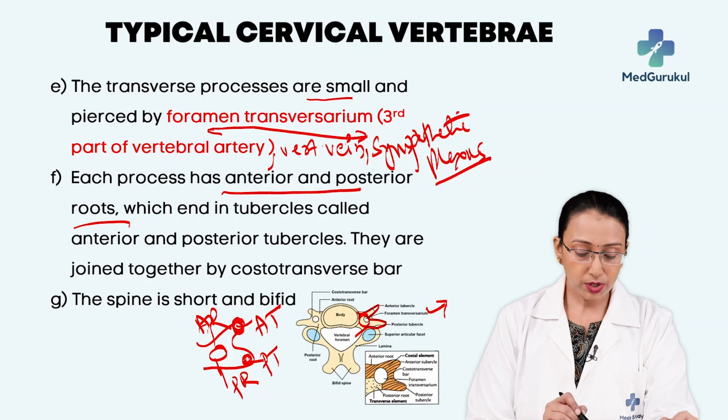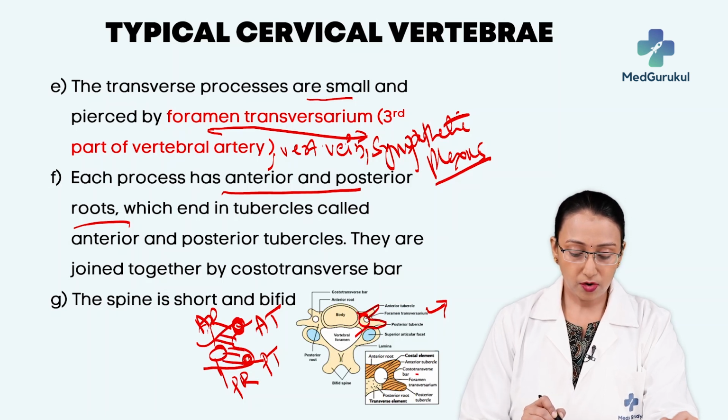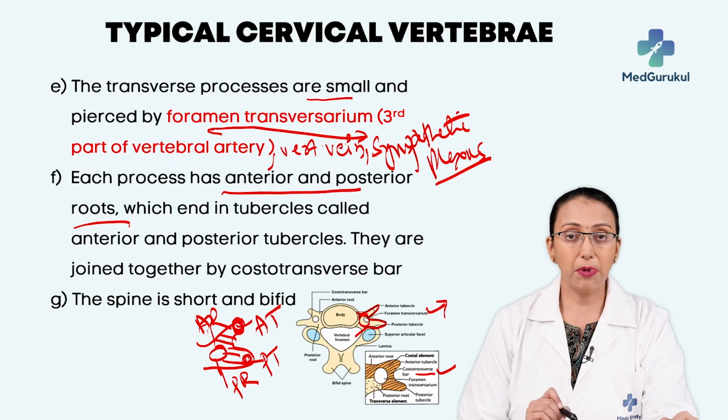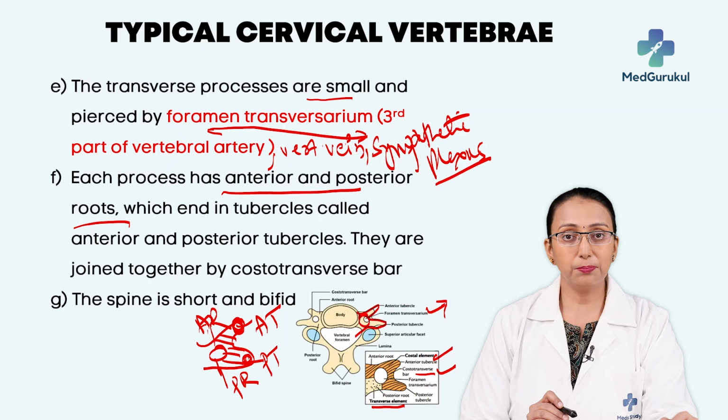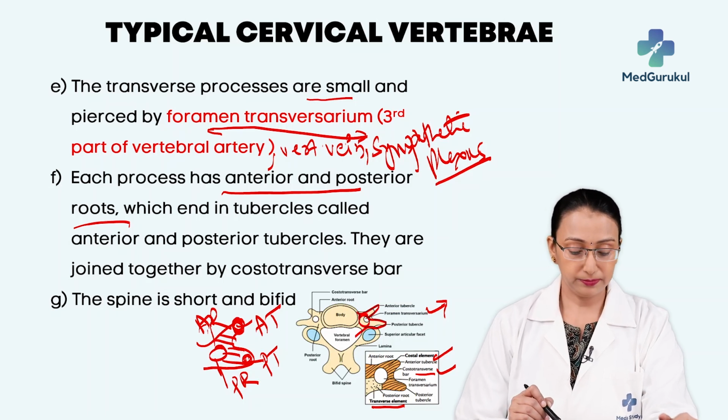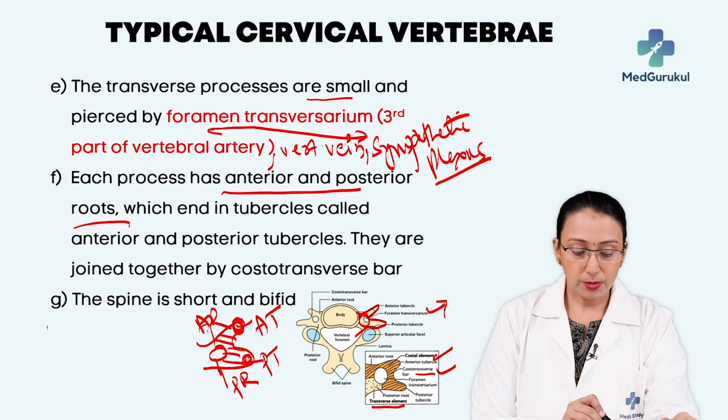They are joined together in between by a bar, which is called the costotransverse bar, because it is between the costal element and the transverse element. So this is the costal and this is the transverse element. Between these two there is a bridging, hence called the costotransverse bar.